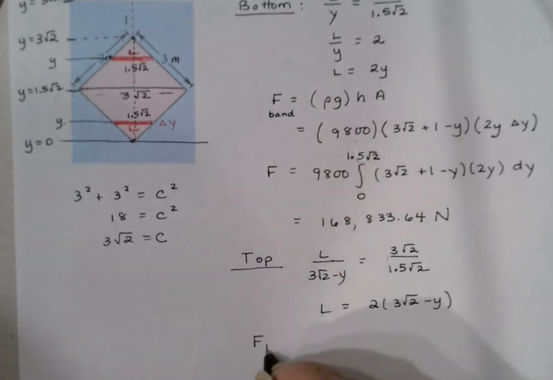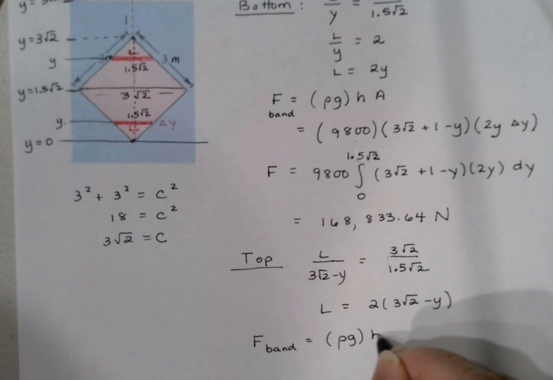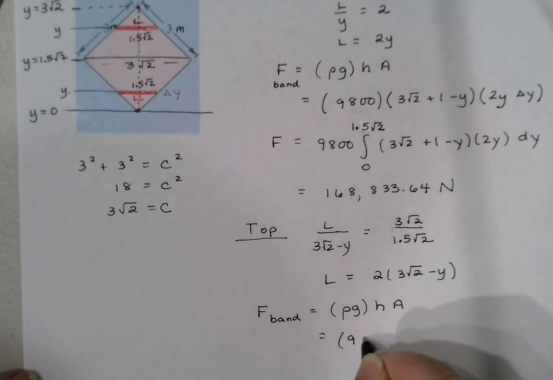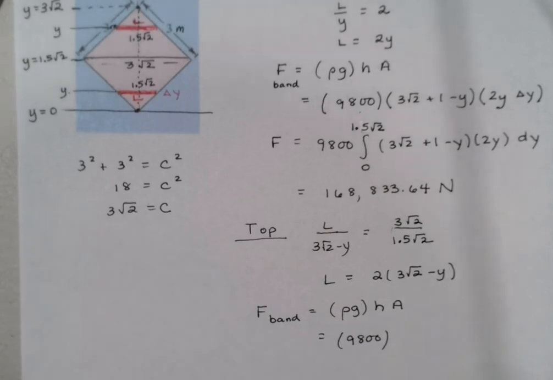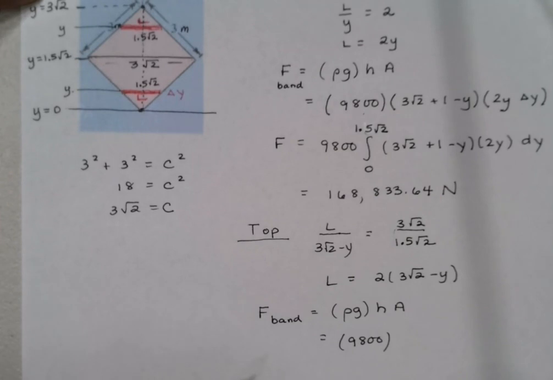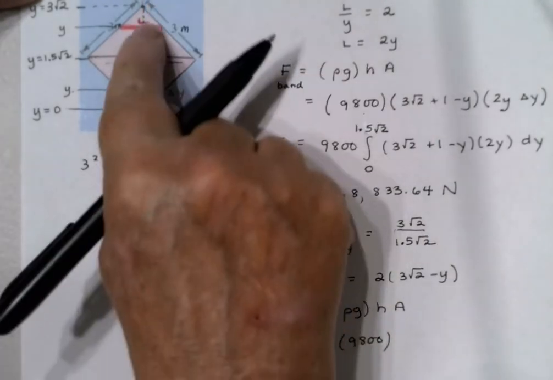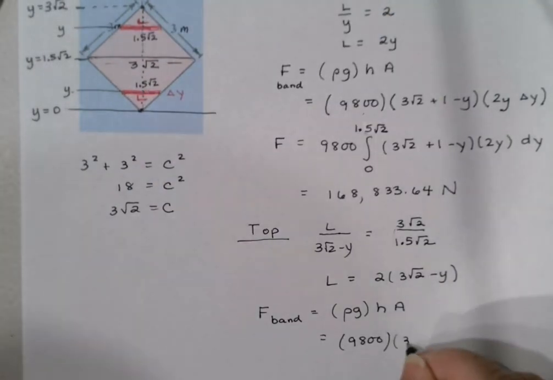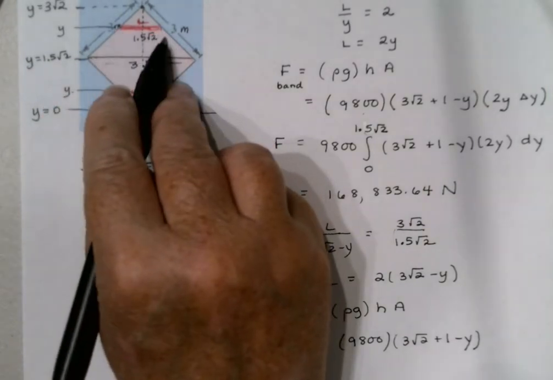All right, so the force on the little narrow band is rho g, HA. Again, we've seen it so many times. Rho g is 9,800 again. The depth is going to be the same. It's still the full 3 square root 2 plus 1 minus the y value, minus the height that we're already at, which gives us the depth of the water that's still there. So that's not going to change. And then this time my area, length times width.